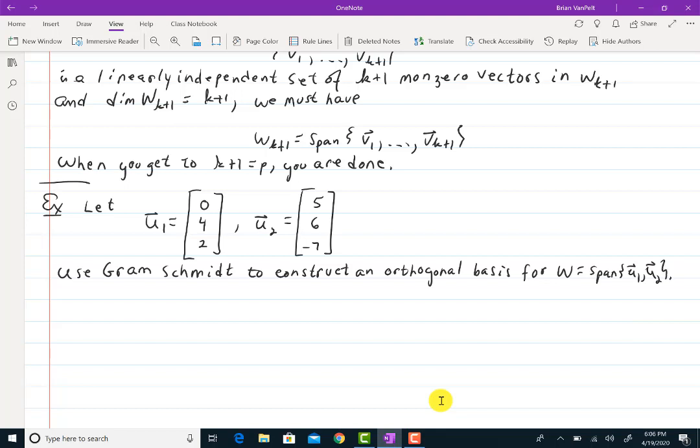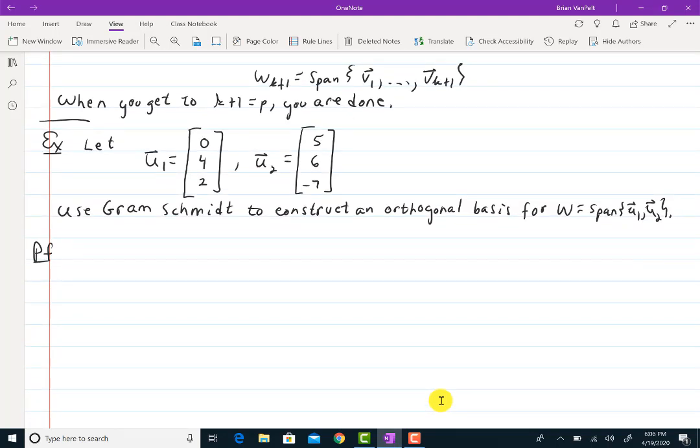That's where we're going to construct v1 and v2 that are orthogonal and they span the same space. So according to the process, v1 equals u1. So we're halfway done. v2 equals u2 minus u2 dot v1 over v1 dot v1 times v1.